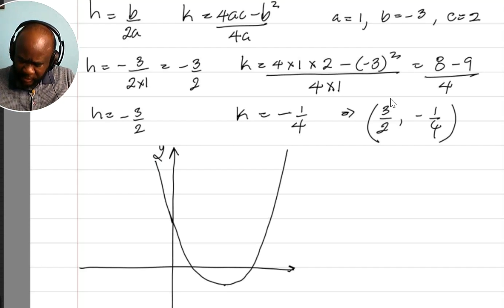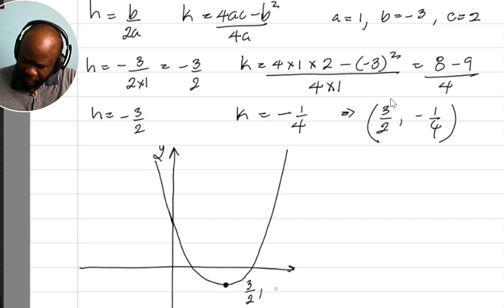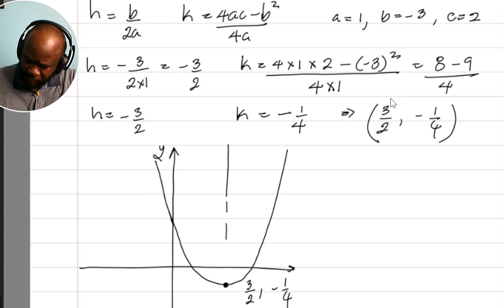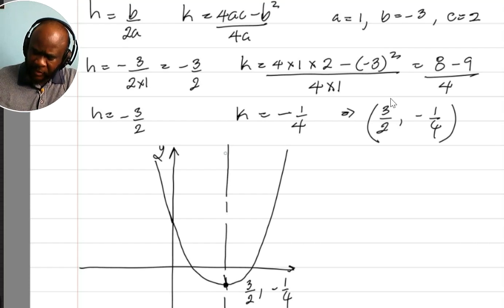All right, so this is my turning point, which is the point 3 over 2, minus a quarter. This is my line of symmetry, which is the line x is equal to 3 over 2.